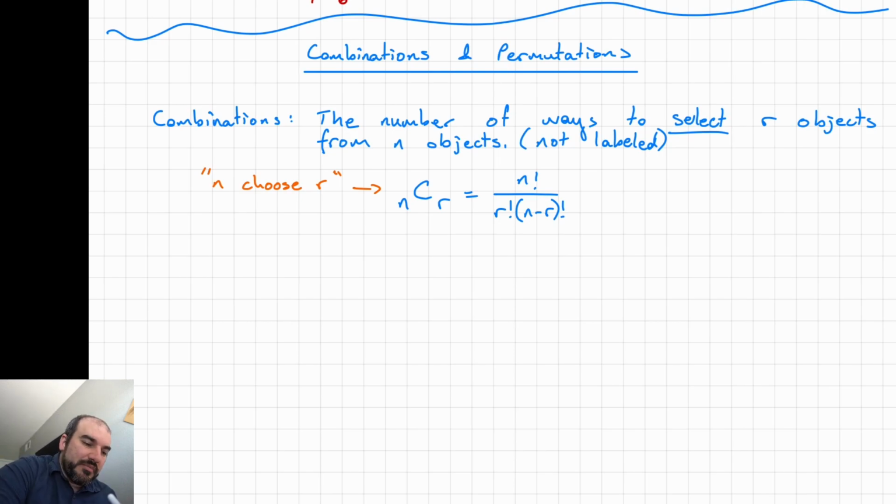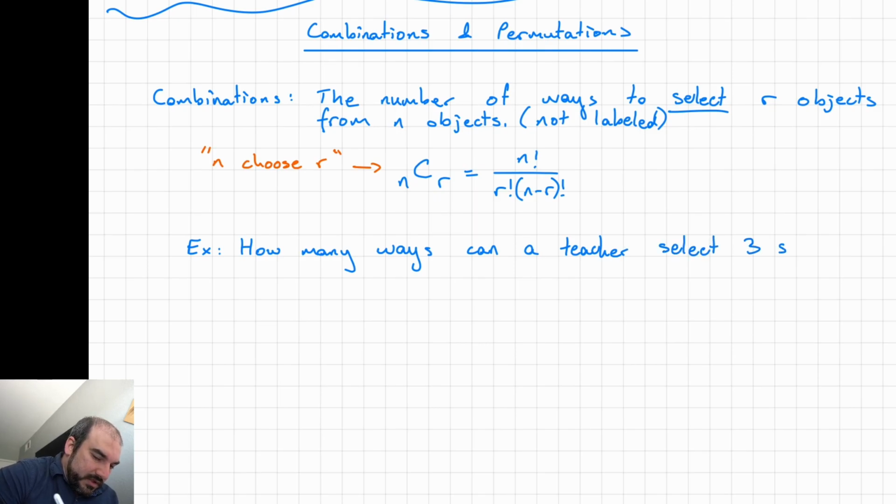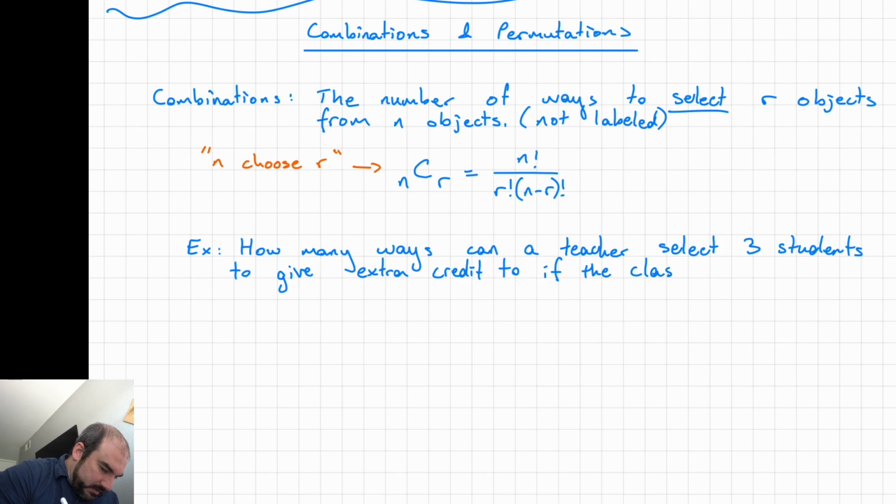So an example of something like this, let's do an example real quick. How many ways can a teacher select 3 students to give extra credit to if the class has 36 students?